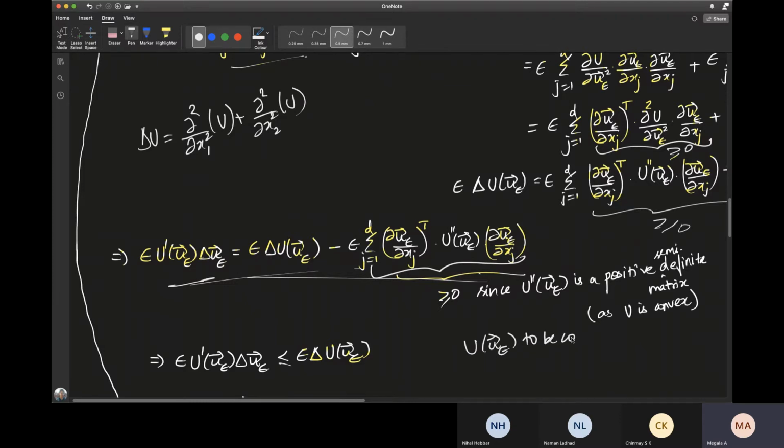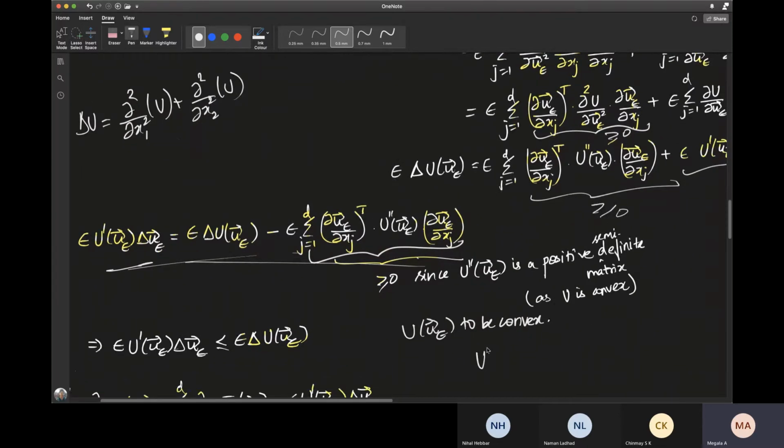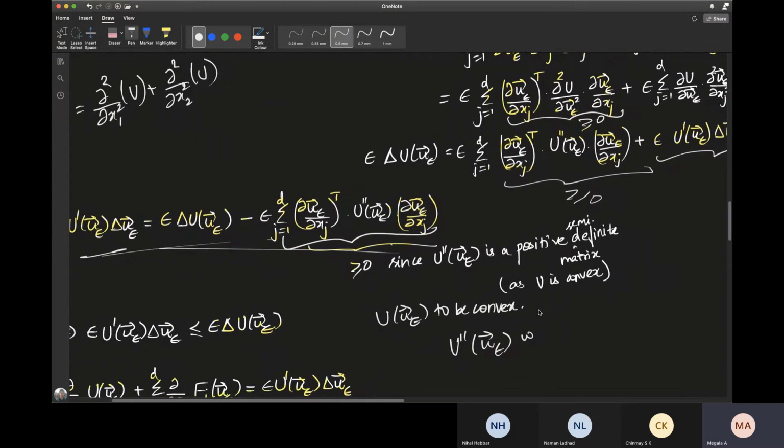We usually consider the entropy function to be convex, because if it is convex, then U double prime of u vector epsilon will be positive semi-definite.